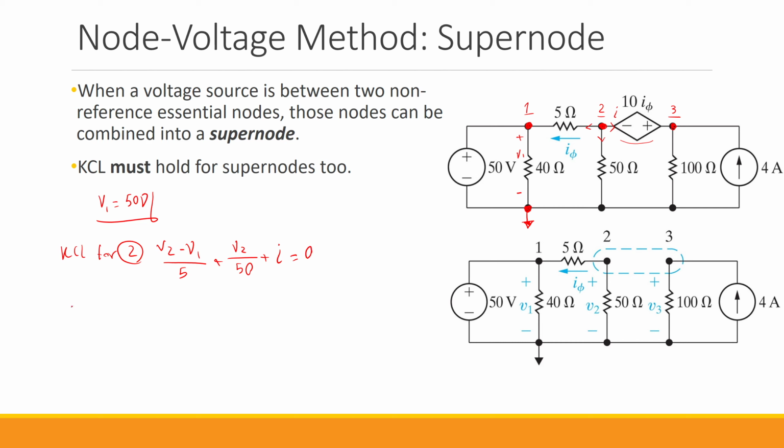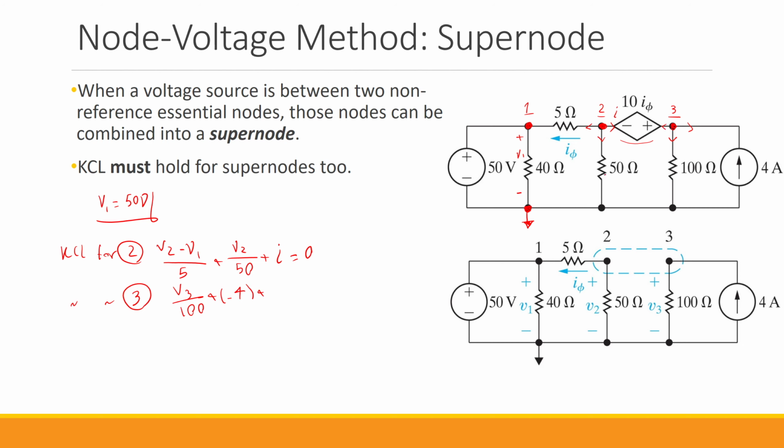Let's do the same for the KCL of node 3. Let's see what we have. We have V3 over 100 plus this current, which is going to be -4. So what about this current?